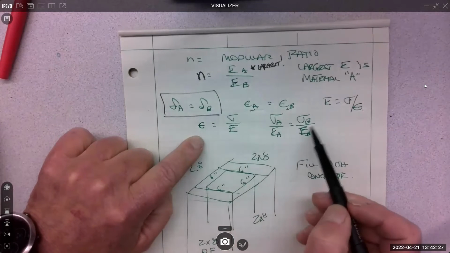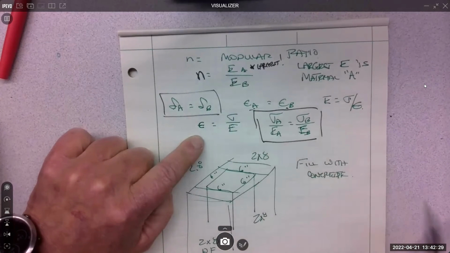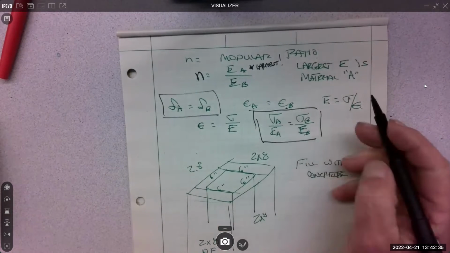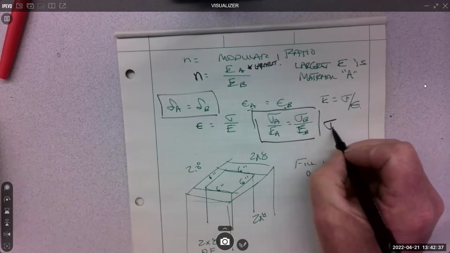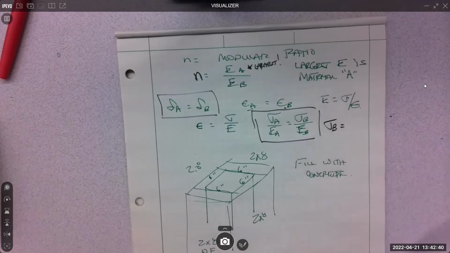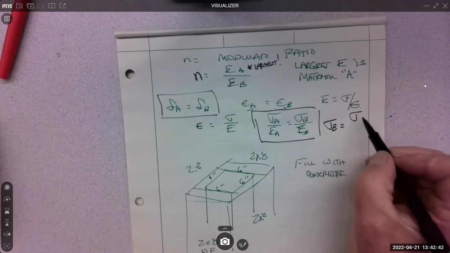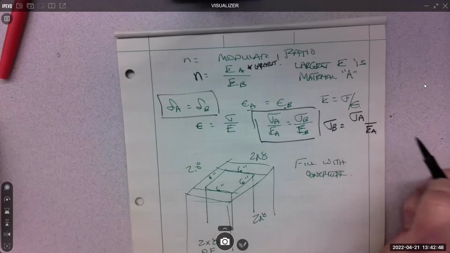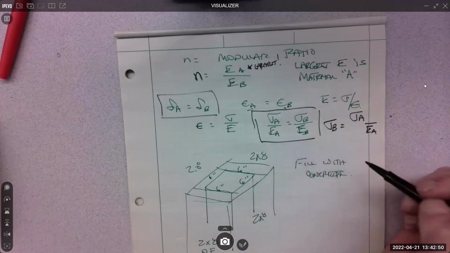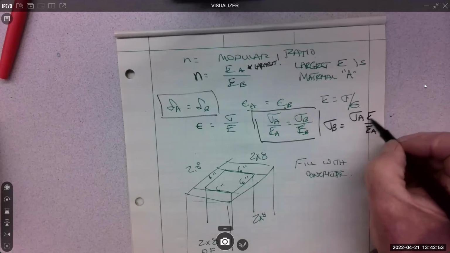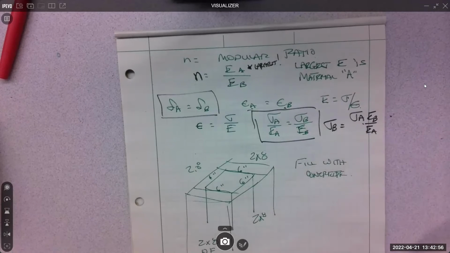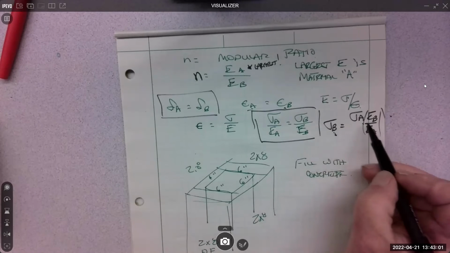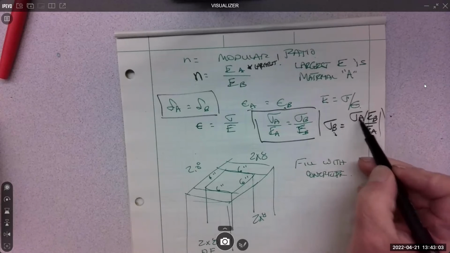So this boils down to the relationship between the two stresses, stress in A and stress in B. If I wanted to solve for stress in B, it's going to be stress A on top, E_A on the bottom, and E_B on top. So to get stress in B, we can use this relationship.